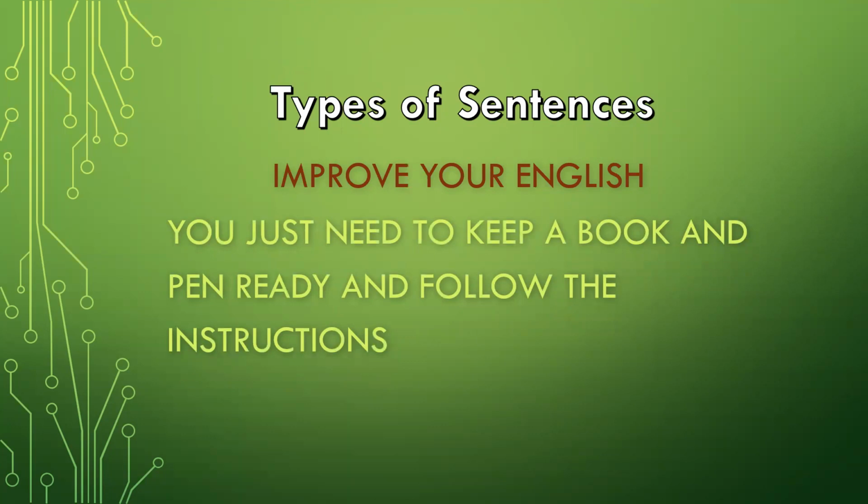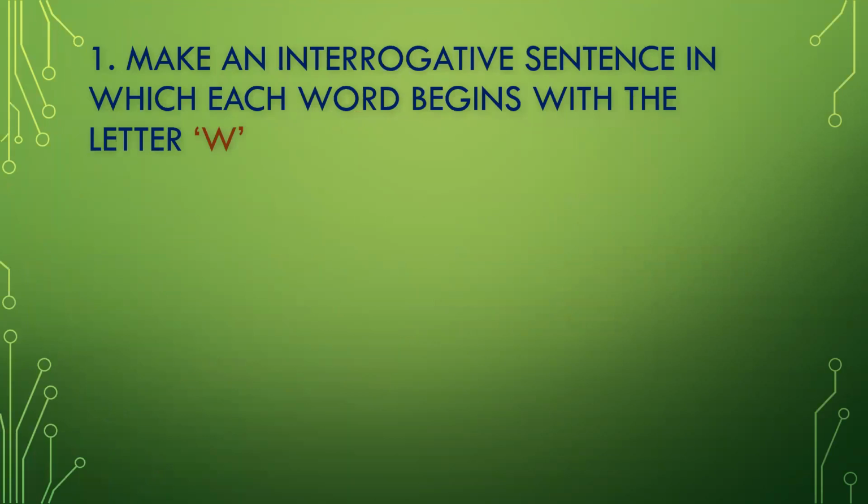Are you ready? The first one: make an interrogative sentence in which each word begins with the letter W. I know you have to think, but isn't this fun? An interrogative sentence.